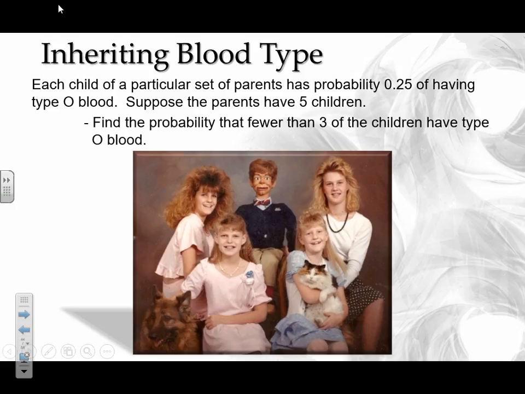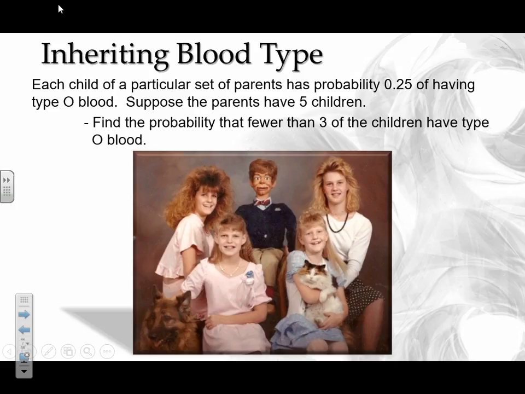Now, if I were going to be using my formula, I would have to calculate the probability that 0 kids have type O, plus the probability that 1 kid has type O, plus the probability that 2 kids have type O. So my scenario here calls for every possible scenario where less than 3 children have type O blood. So I can do that as 3 separate formula probabilities and then put them all together, or we can use the calculator to shorten our workload.